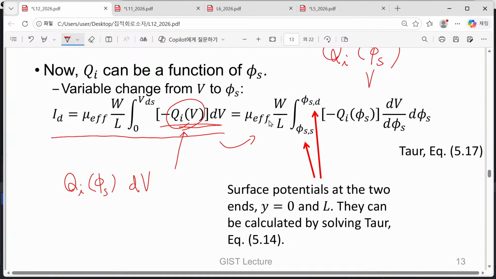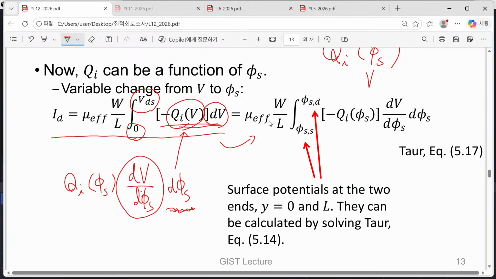But the integral variable is still dv. So why don't we, instead of this one, say d phi s and dv over d phi s. I have not changed anything, just converted it to an integral with respect to phi sub s, and now we have additional factors coming from the coordinate transformation. Then we have this expression. And for the upper bound and lower bound, please think about it.